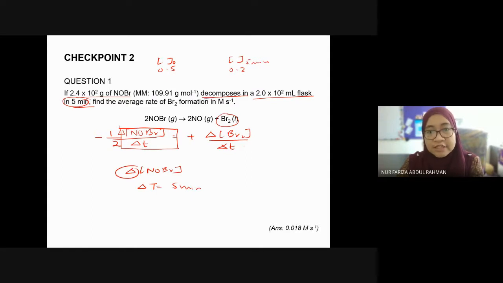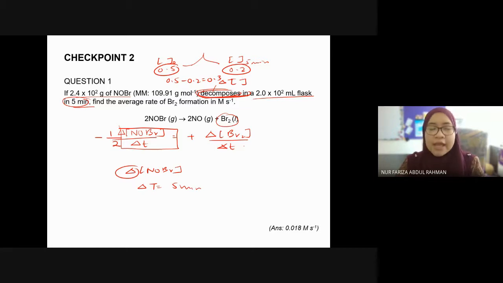When it says decomposes, it means the amount that has been used up, which is already the delta concentration. Decomposes means it has gone. From 0.5 becoming 0.2, where did it go? That is what decomposes means. To get how much decomposed, 0.5 minus 0.2 is 0.3. This is what it meant by decomposes.